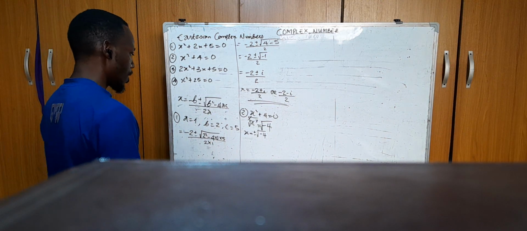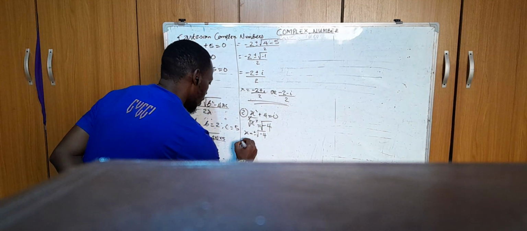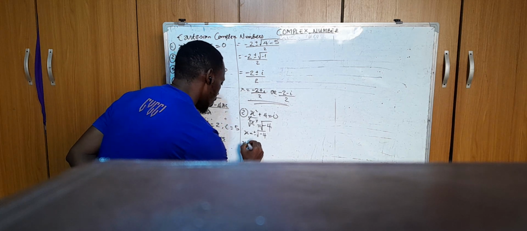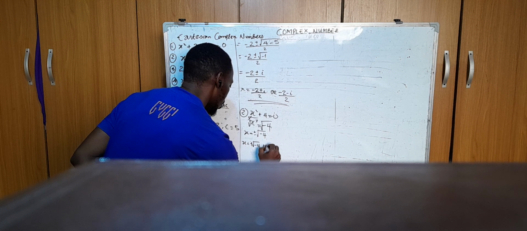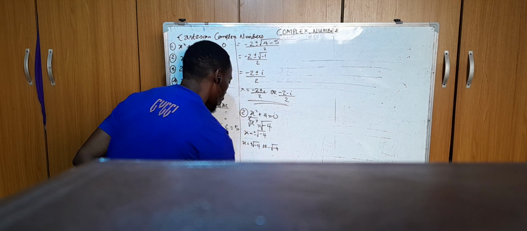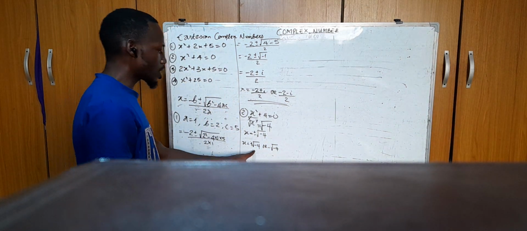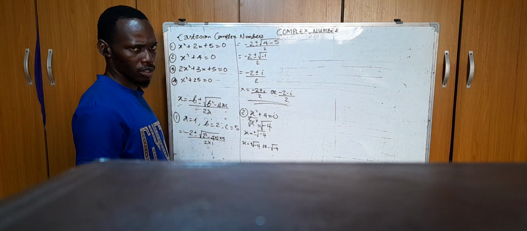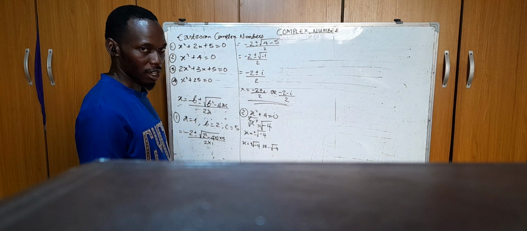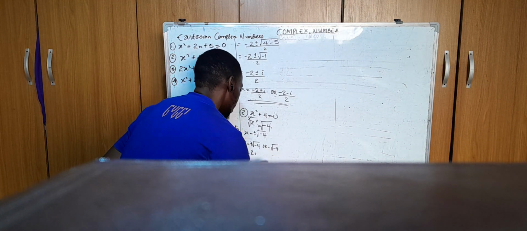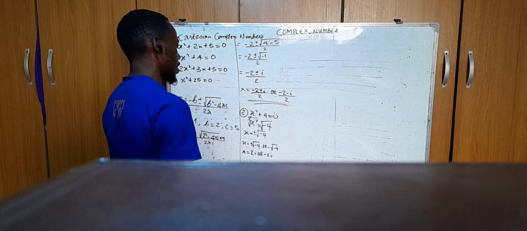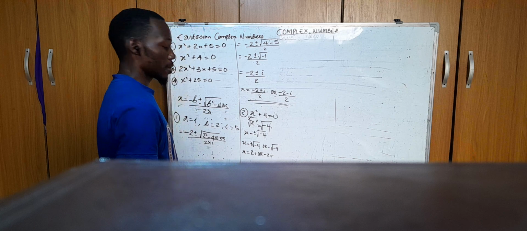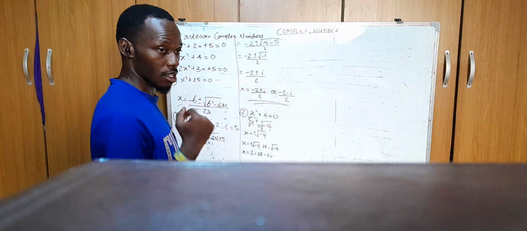Alright. So the values of x are x equals plus the square root of minus 4 or minus the square root of minus 4. What is the square root of minus 4? You can check it, break it down. But the answer is 2i or minus 2i. Yeah, so the square root of minus 4 is actually 2i.